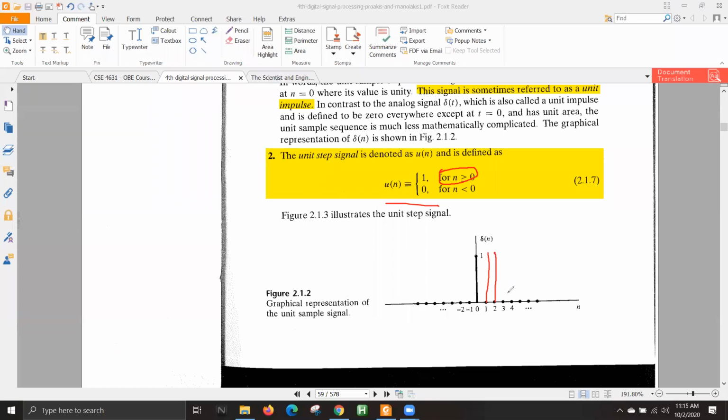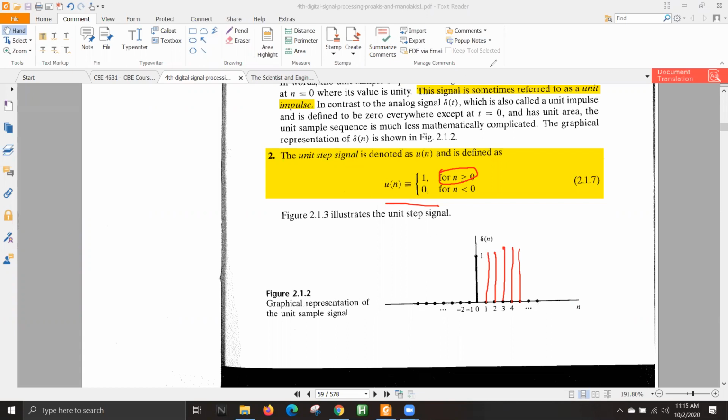Originally, this figure was for the unit impulse. Now the one that I'm showing is for the step signal. Everything after it, up until infinity, is 1. The value is held, and it is 0 for everything before it. These kinds of signals are known as step signals.